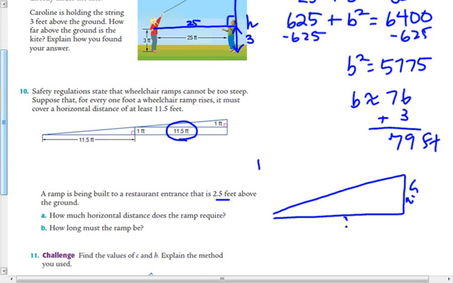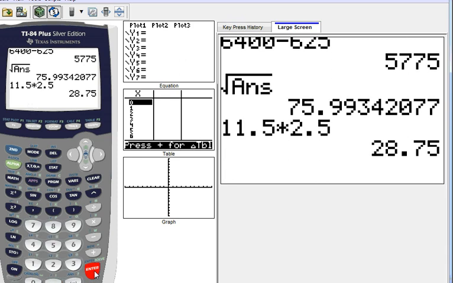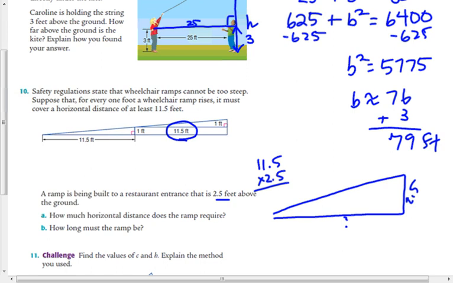So we're going to take 11.5 times 2.5 to figure out how much that distance is. So 11.5 times 2.5, and that's 28.75. So that's this distance down here, 28.75.